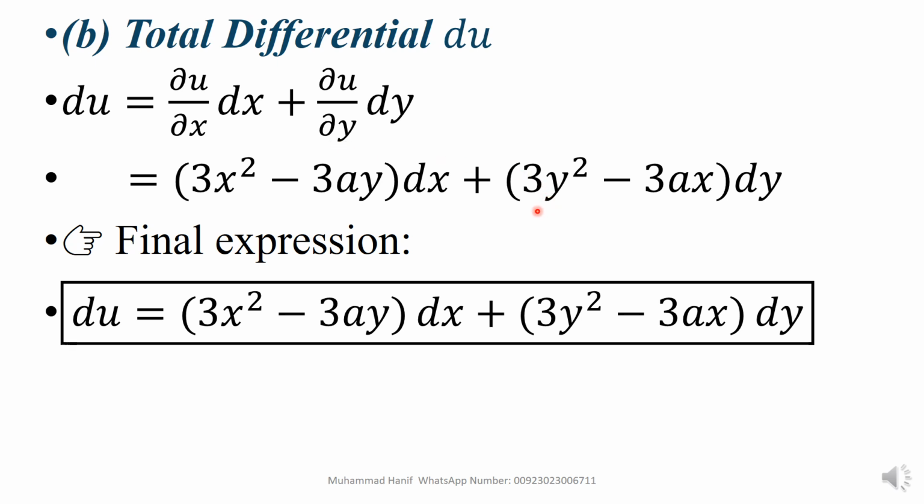Then put in the value of ∂u/∂y, and dy we write here. Final expression: du = (3x² − 3ay) dx + (3y² − 3ax) dy. We get the answer, the total differential du.